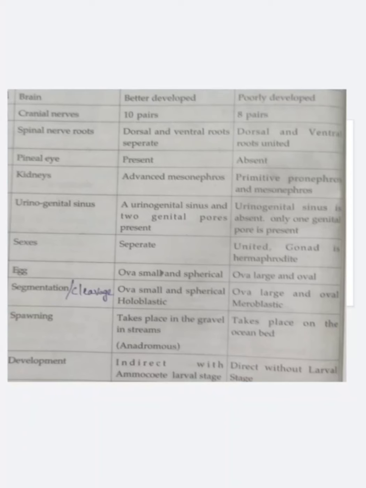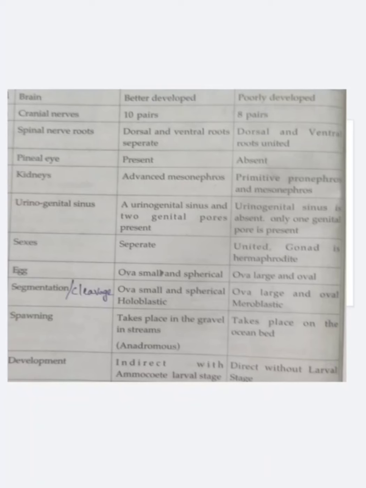Spawning takes place in the gravel in streams in Petromyzon, that is, it exhibits anadromous migration, so during the breeding season it migrates from the sea, or marine water, to freshwater bodies, and in Myxine the spawning takes place on the ocean bed.